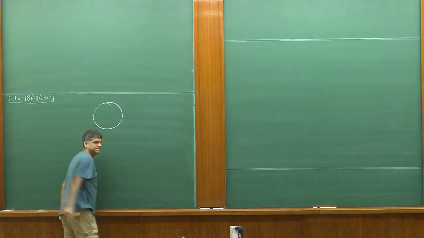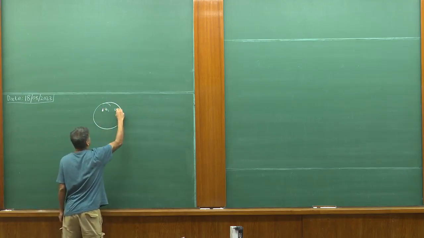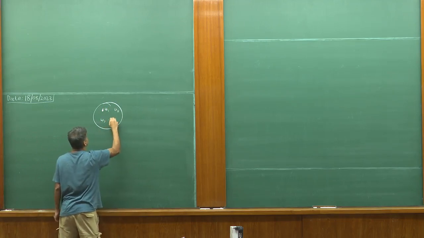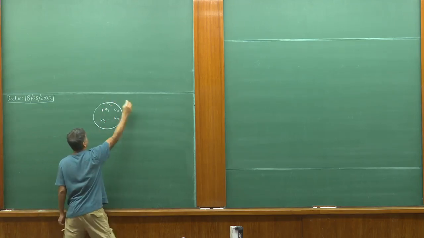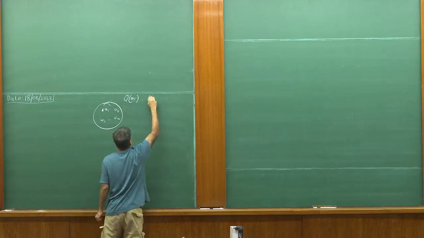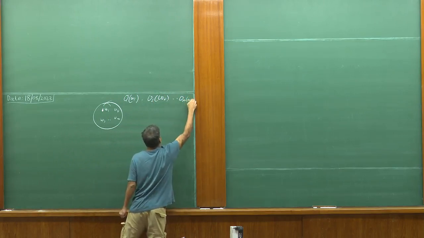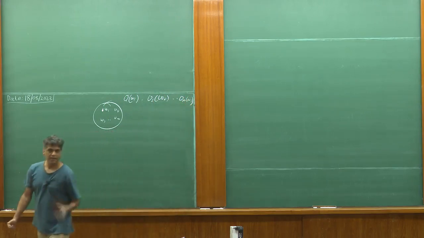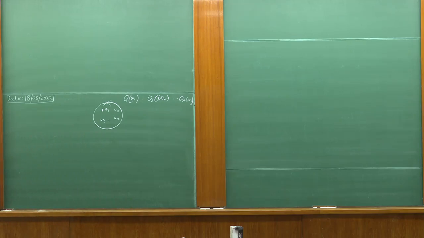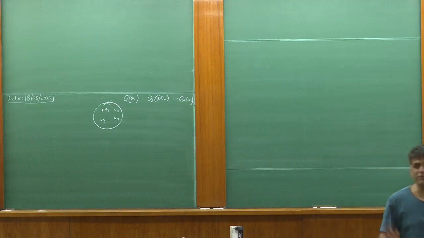Suppose we've got a sphere, and we've got points W1, W2, W3 up to Wn, and there are insertions at these points, O1 of W1, O2 of W2, and so on, On of Wn. This is an S2. Some of what I say generalizes to other manifolds, but let's stick to S2.